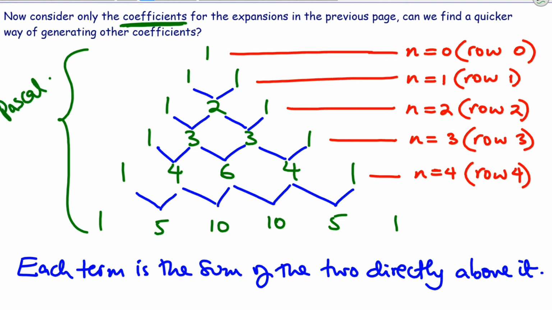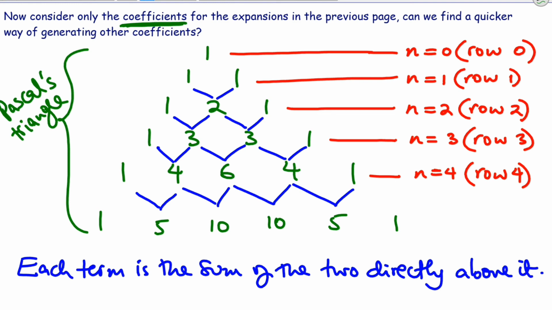Basically, this triangle of numbers that we have generated here, which are actually coefficients in binomial expansion, is what we call Pascal's triangle.